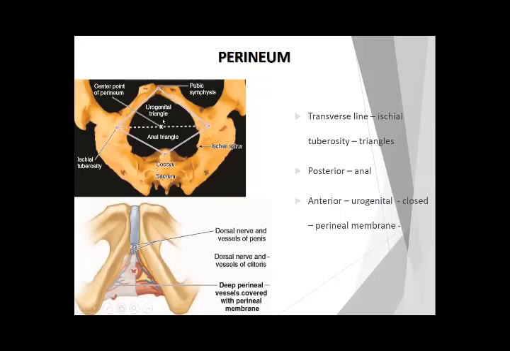This transverse line divides this diamond-shaped perineum into two triangles. The posterior one is the anal triangle. The anterior is the urogenital triangle. This is the urogenital triangle.